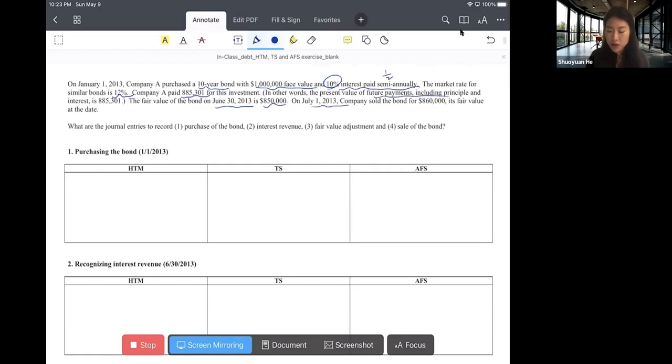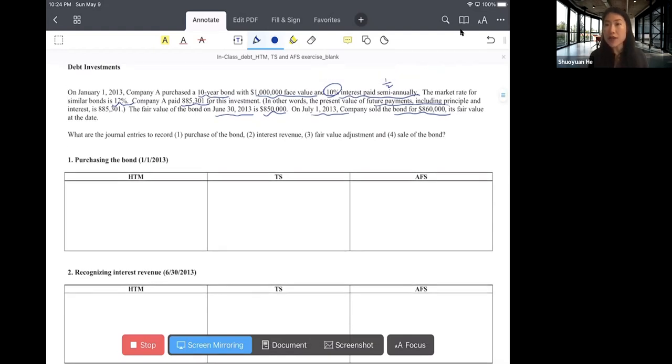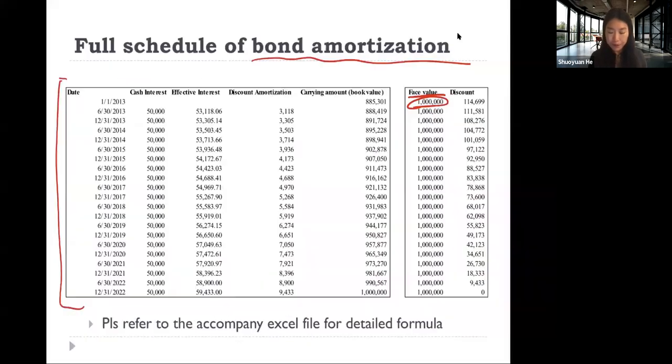On July 1st, 2013, company sold the bond for 860,000, its fair value at the date. What are the journal entries to record the purchase of the bond, the interest revenue, fair value adjustment, and sale of the bond? So before we go to the journal entries, let's go back to look at the amortization table.